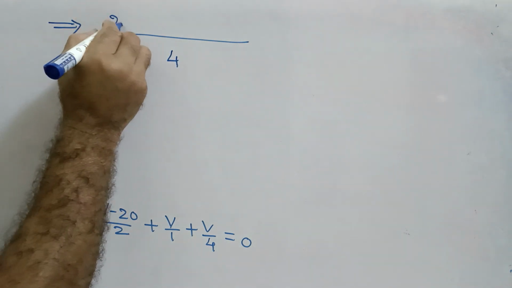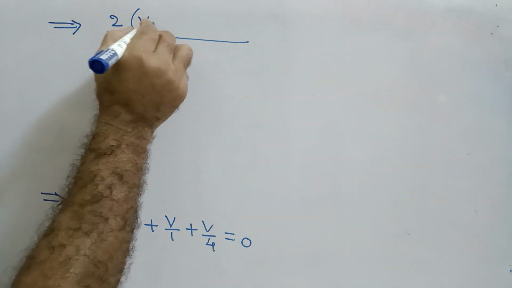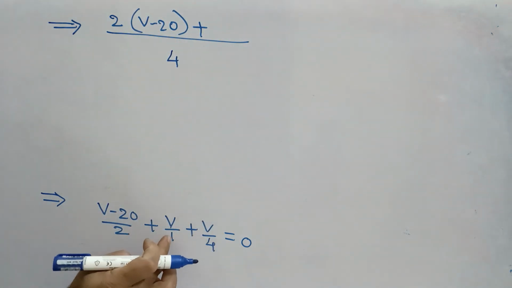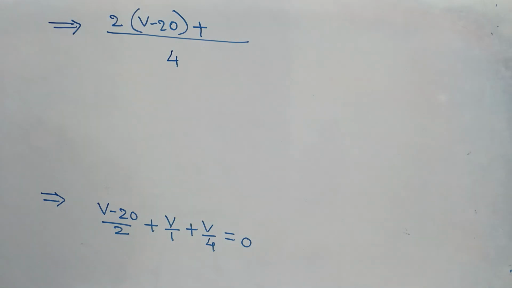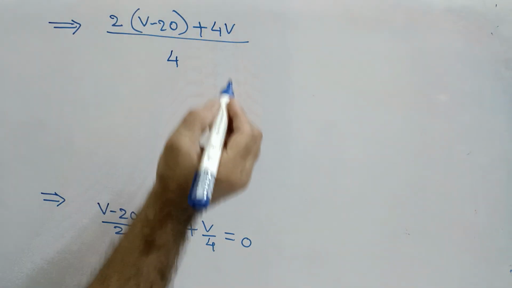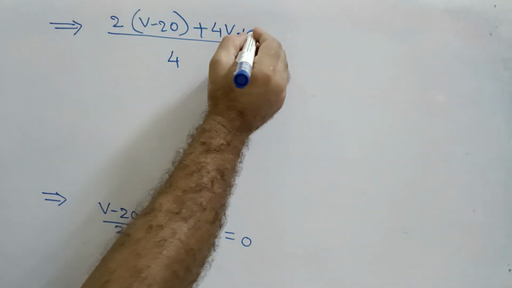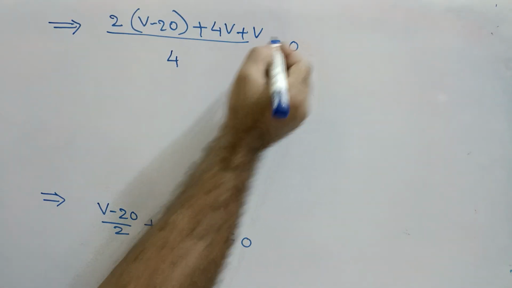Therefore it is 2 times (V minus 20) plus 4 into V plus 1 into V is equal to 0.